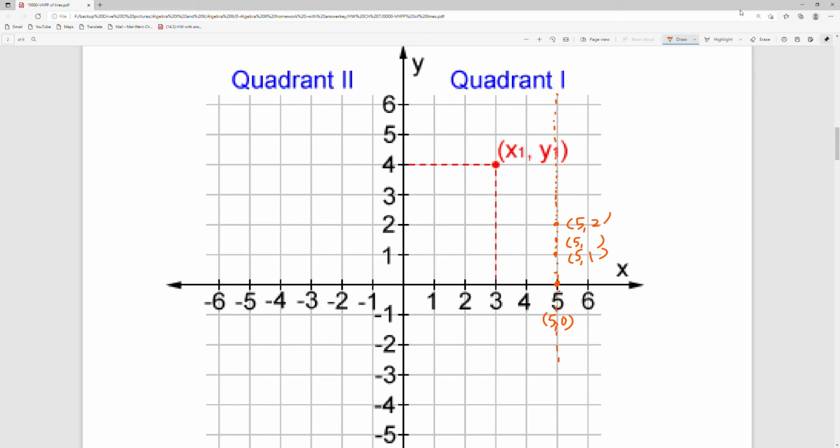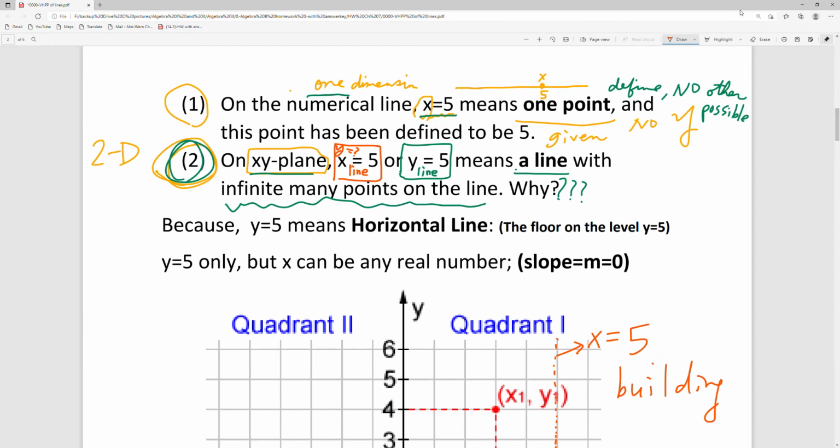Any possible y value. So in this case, you have x equals 5.